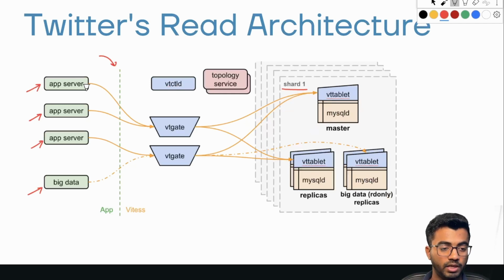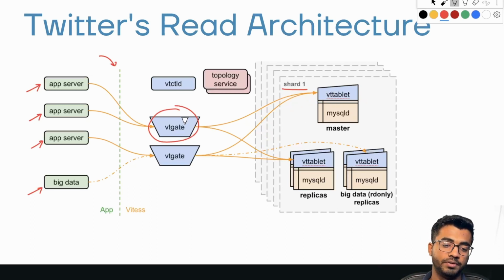In case of any failures, a replica would get upgraded to master. So all of the requests reach VT-Gate here, and with the required configurations set up in Chubby or Zookeeper, which is internally the topology service, it reaches the corresponding VT tablet. This topology service helps in making this resilient in case of any failures. The VT tablet is connected to the MySQL daemon, which eventually performs the queries on this database.